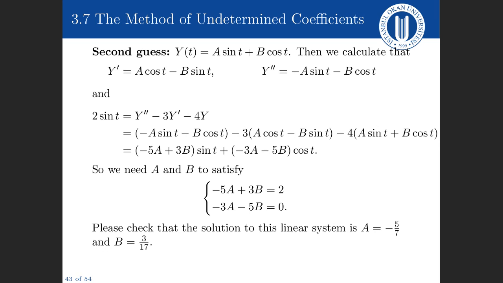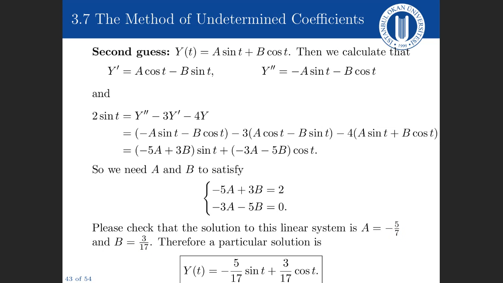Well, check this later. I don't think we should have 7 and 7. Check this and see if you can find the correct numbers. We don't want to dwell on this. 17 it should be. There should be a 17. So a particular solution is minus 5 over 17 sine t plus 3 over 17 cos t.